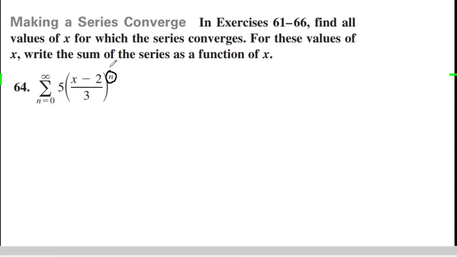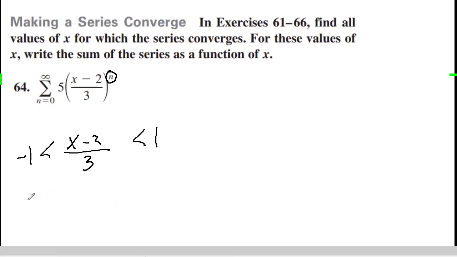So for different values of x, you will get a different sum. But from geometric series, this will only converge if your common ratio, this x minus 2 over 3, is between -1 and 1. And it's not including, I made a mistake there, it has to be bigger than -1 and less than 1. So now we have this inequality.